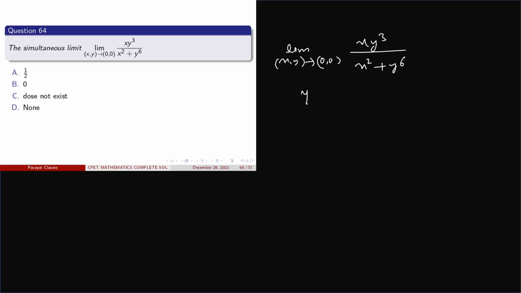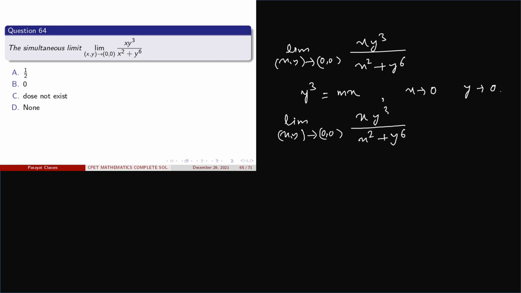Let us substitute y cube equal to mx, and when x goes to 0, y also tends to 0. So this limit can be rewritten as the limit x comma y tends to 0 comma 0 of x y cube divided by x square plus y to the power 6, and in place of y cube we have to write mx.